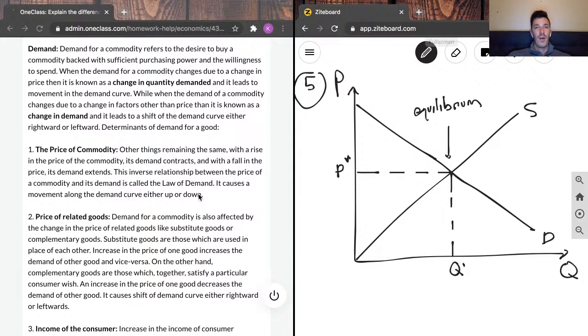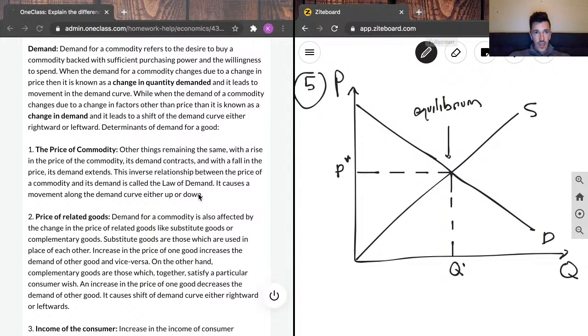When the demand for a commodity changes due to a change in price, that is known as a change in quantity demanded, leads to movement along the demand curve. It should say movement along the demand curve. When the demand of a commodity changes due to a change in factors other than price, it is known as a change in demand, a shift of the demand curve, either rightwards or leftwards.